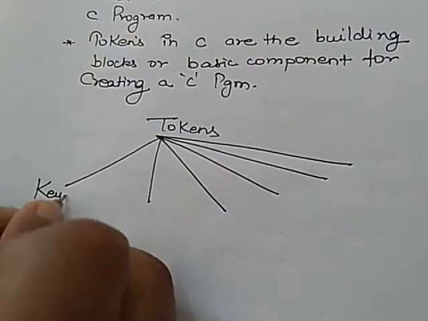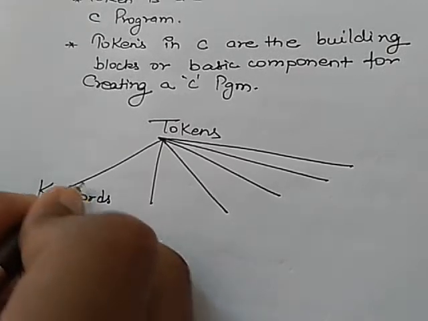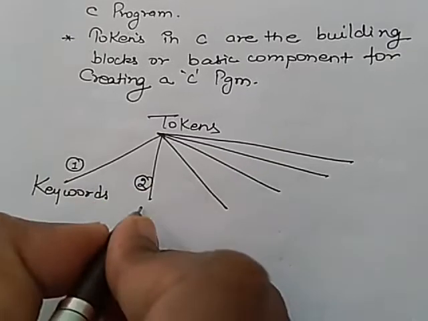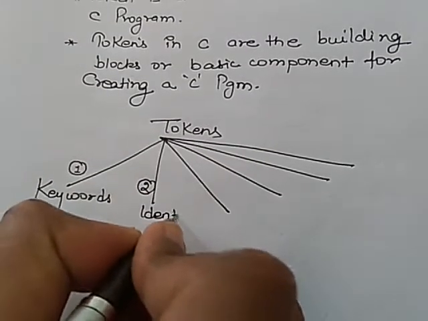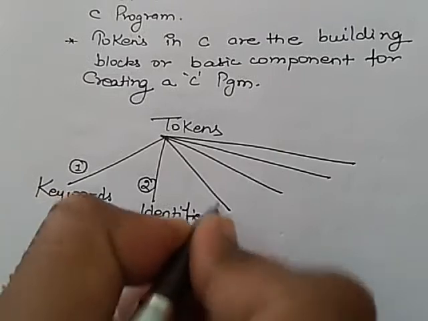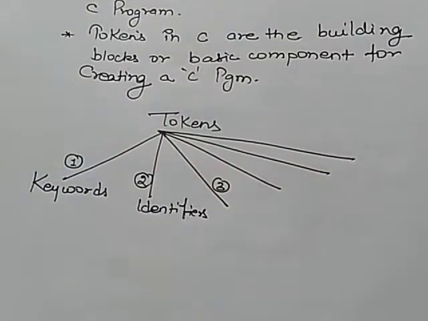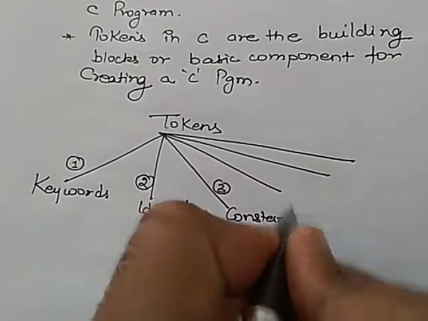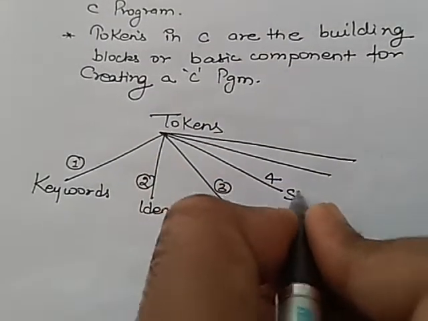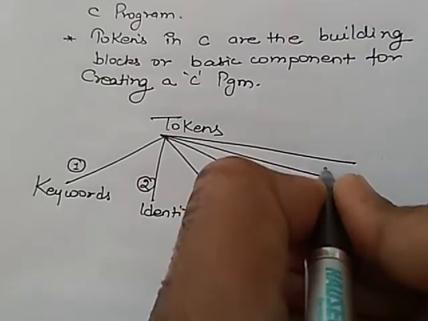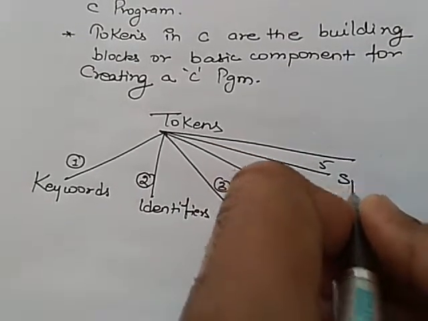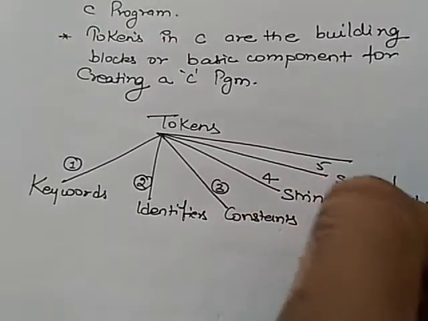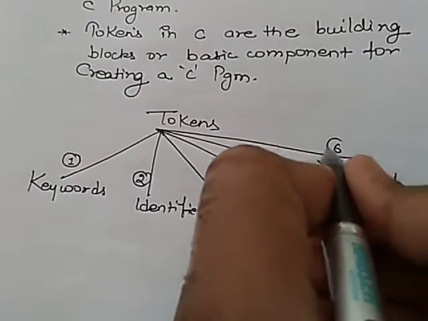One is keywords, second one is identifiers, third one is constants, fourth one is strings, fifth one is special symbols, and sixth one is operators.